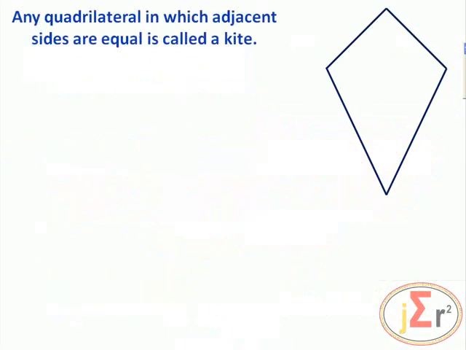Any quadrilateral in which adjacent sides are equal is called a kite. What do we mean by adjacent sides? Adjacent sides of a quadrilateral or any polygon for that matter are sides that share the same vertex or sides that meet.